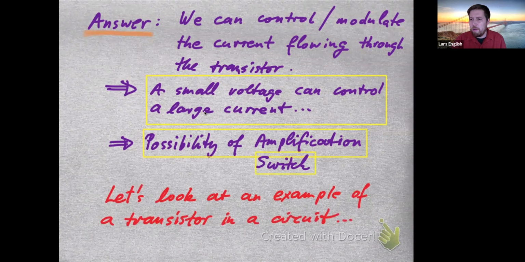There's also the possibility of an electronic switch, right? So when we bring up the base energy, we put a voltage there and we bring up the middle section in energy, and maybe the electronic switch is open. There's no current that can flow then, no electrons that can flow from emitter to collector.